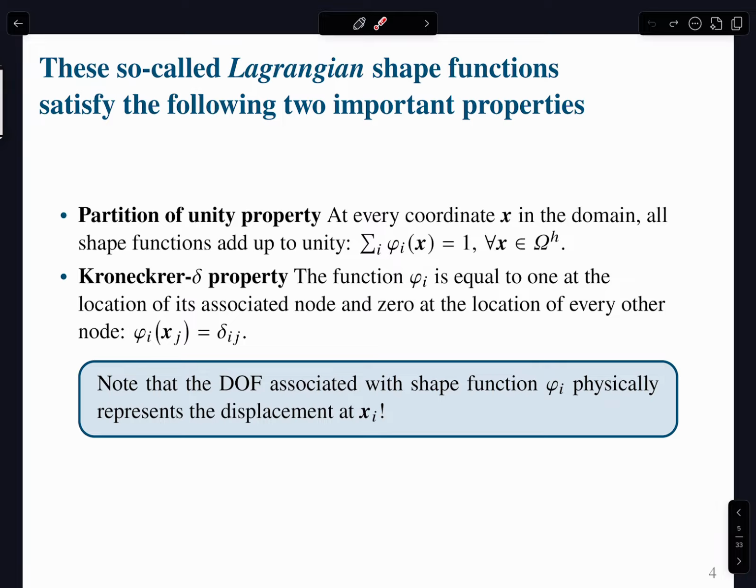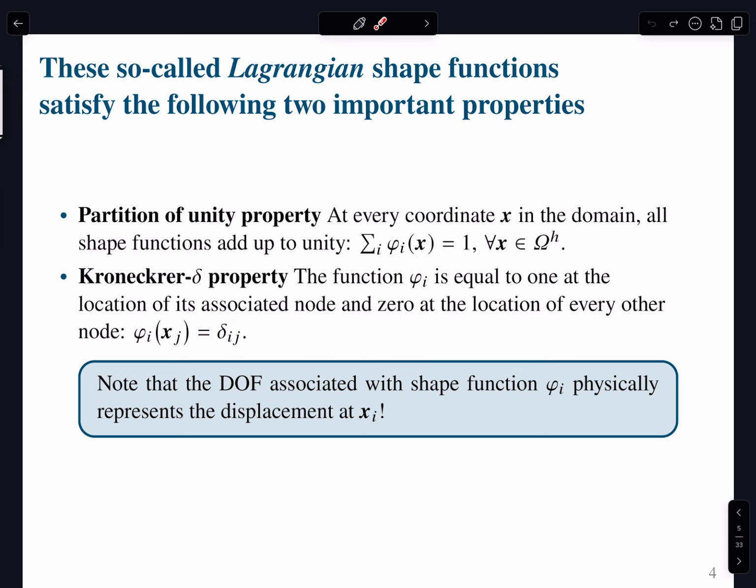When we move to more advanced formulations, this may not hold anymore. In particular, when the displacement field is written as a series of additions of different quantities, then we lose, for instance, the partition of unity property. We lose the Kronecker delta property, and so that physical interpretation of the degree of freedom no longer holds.